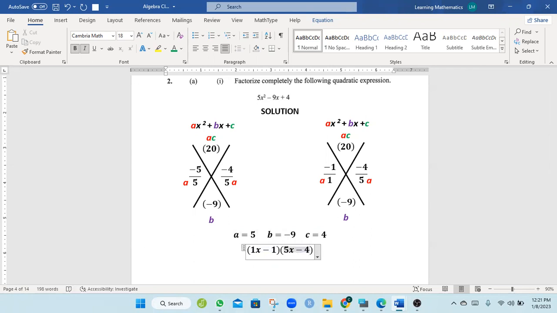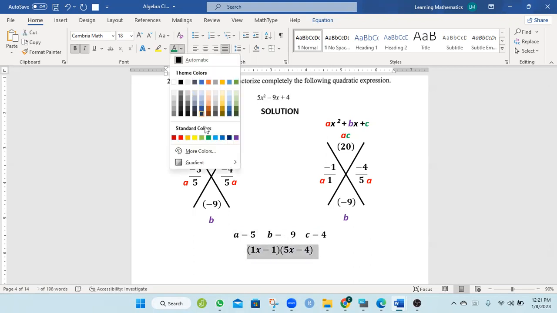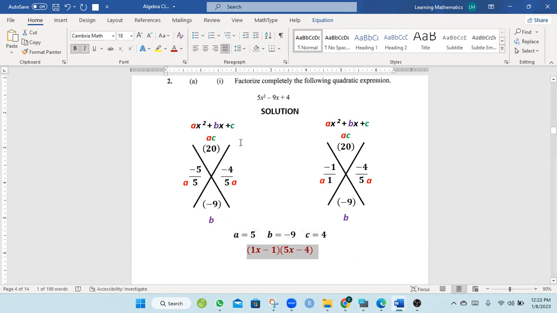This is your final answer. So the factorization of this quadratic expression, 5x squared minus 9x plus 4, is 1x minus 1 in a bracket multiplied by 5x minus 4 in another bracket.